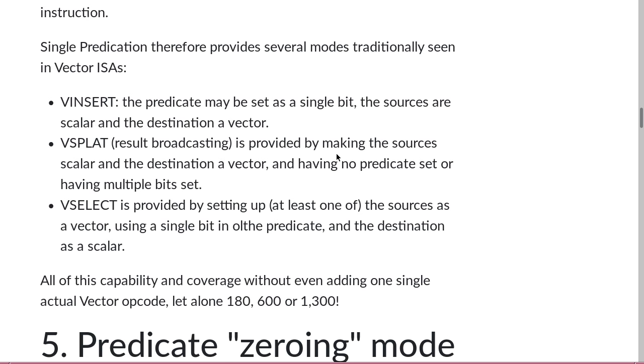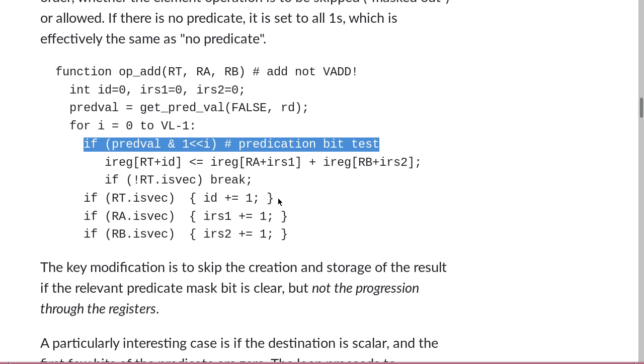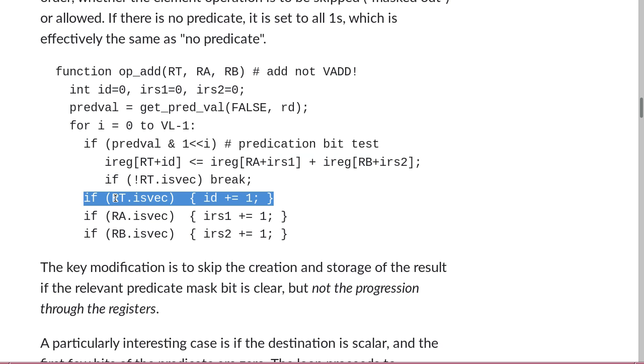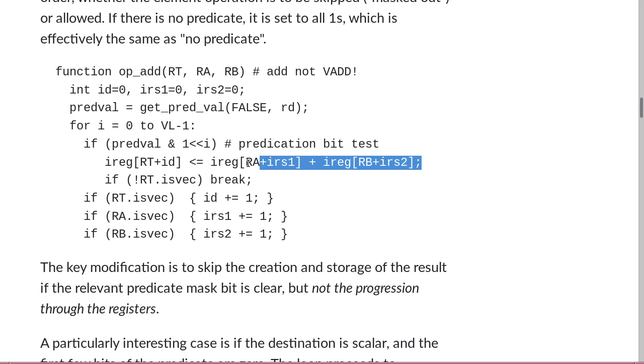Take vinsert: you set the destination as a vector, and you set one of the bits of the predicate, and that will skip the others. I'm doing an insert now, but it's an insert of the computed value. So there's even more flexibility and power in this system.